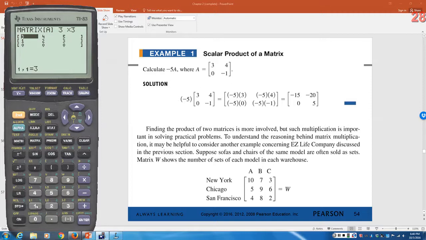And there are 10, 7, and 3 in New York. There are 5, 9, and 6 in Chicago, and there are 4, 8, and 12 in San Francisco.